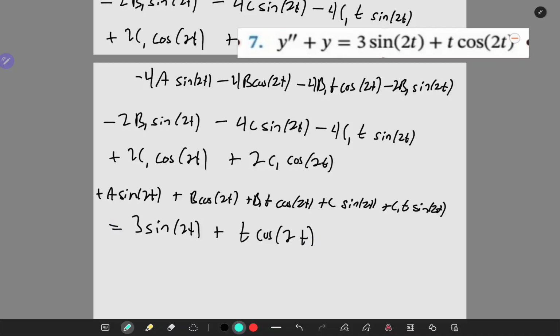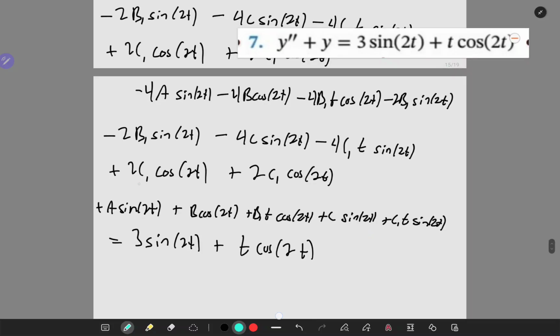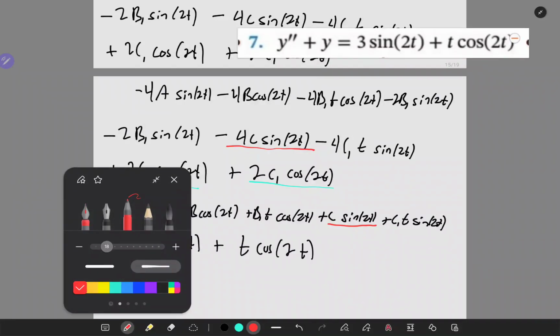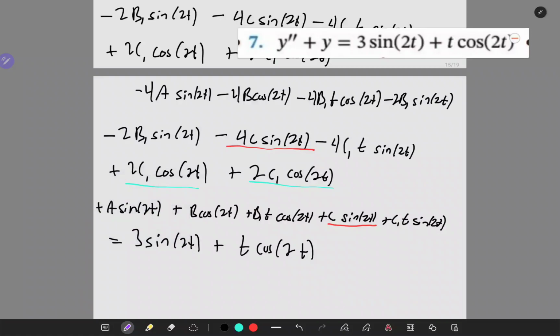Now, we have to simplify, so let's see here. So these combine, obviously. What about c sine of 2t? C sine of 2t right here. These will combine. Anything else? Let's see. B cosine of 2t, B cosine 2t, B cosine 2t.